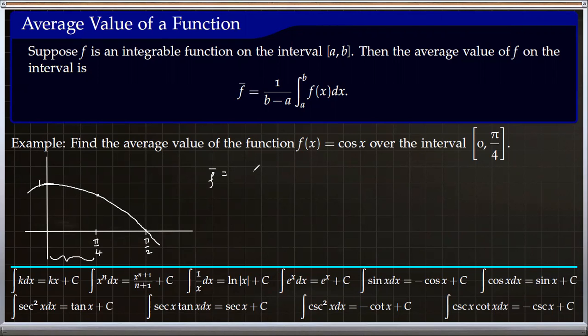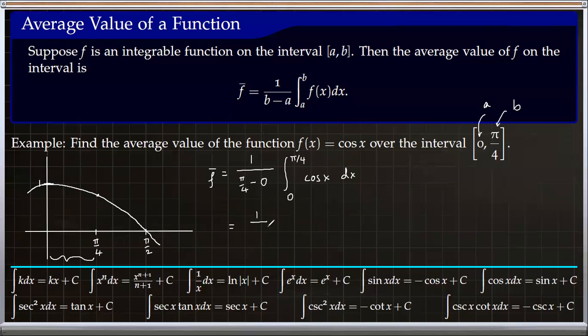f bar equals 1 over b minus a. A and b are the endpoints of the interval. A is 0, b is pi by 4. So we have 1 over pi by 4 minus 0, and then integral from a to b, integral from 0 to pi by 4 of cosine x dx.